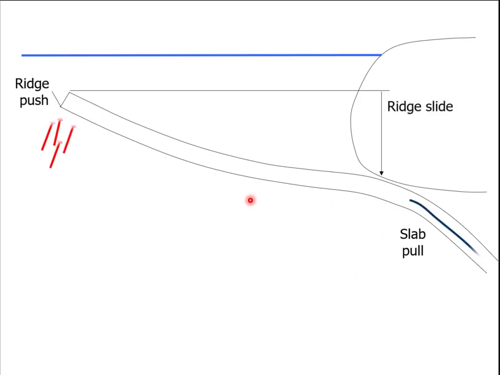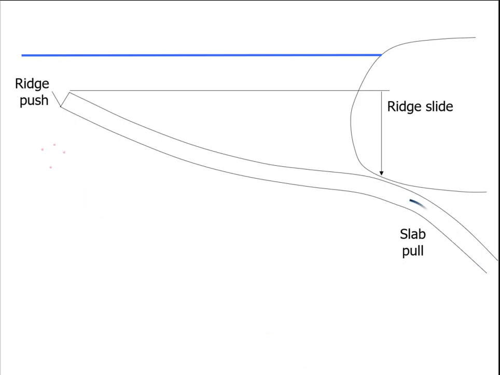And it gets particularly interesting when you realize that there's a layer underneath here called the asthenosphere that's frankly kind of slippery, and it'll make it a lot easier for this slab to slide downhill. And since it's sliding from a ridge, we call it ridge slide. And so that works really well for smaller plates. You're probably not going to move the Pacific plate that way, though. It's a very big plate with a ridge on one side of it, but the ridge isn't that big relative to the rest of the plate.